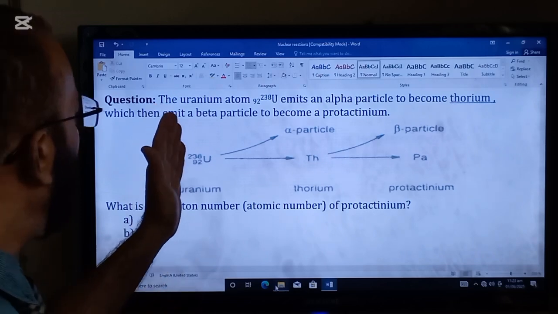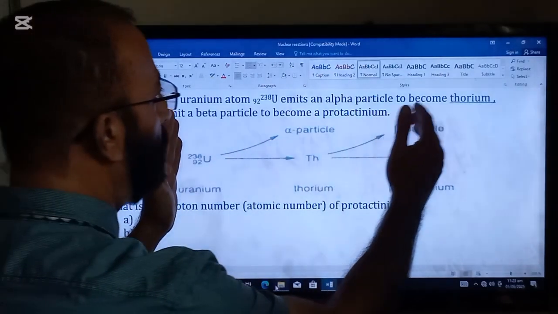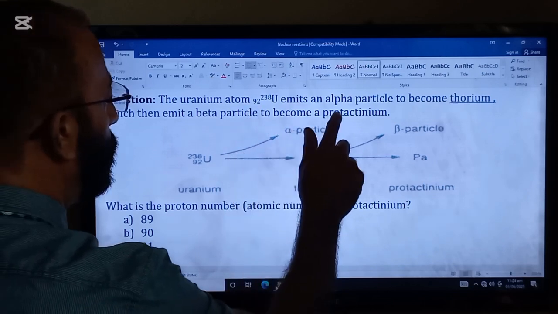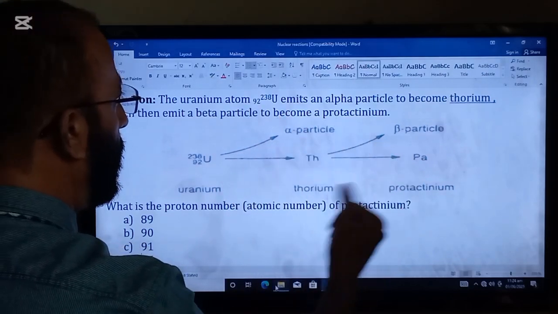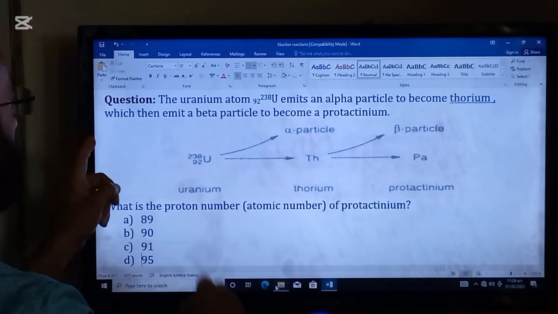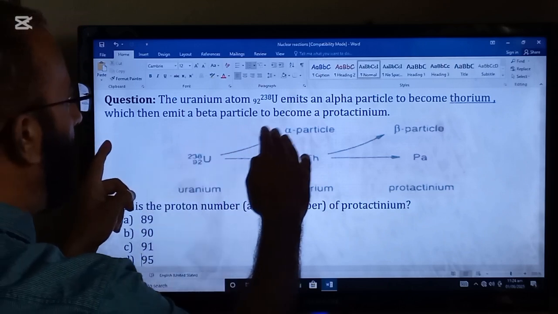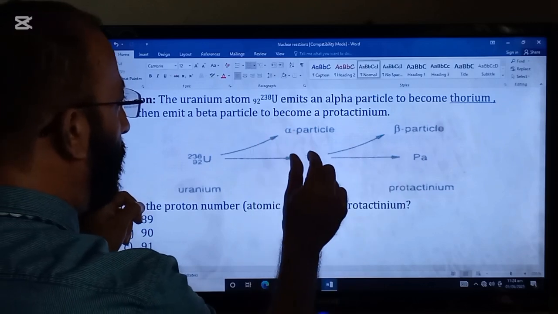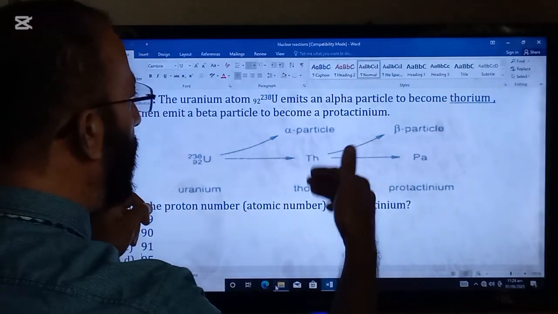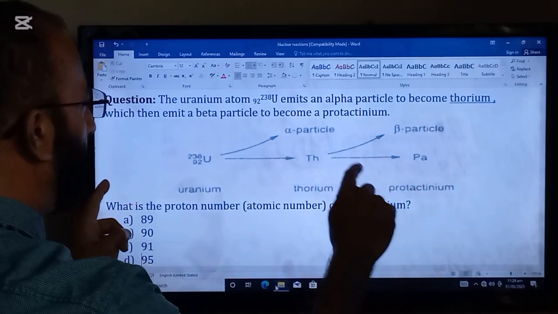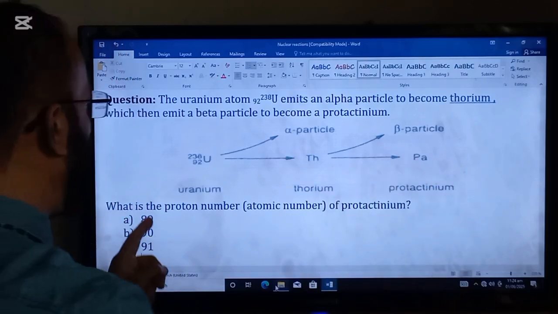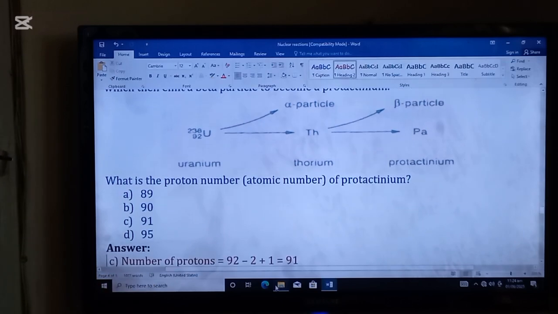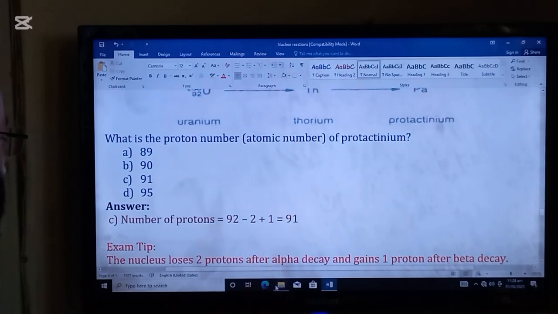Okay, when uranium atom emits an alpha particle to become thorium, the proton number will be decreased by 2 and will become 90, and which then emits a beta particle to become protactinium. The proton number of the thorium will increase by 1. So from 90 to increase by 1, that will become 91. So answer will be 91. Look here, this is the answer.